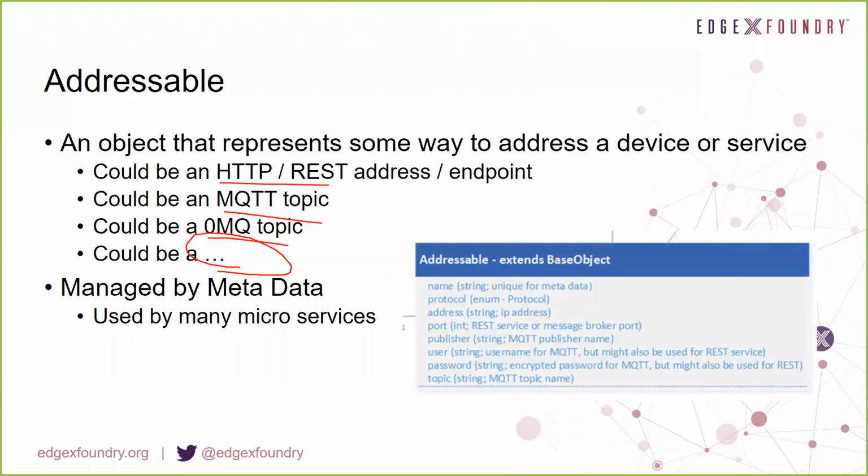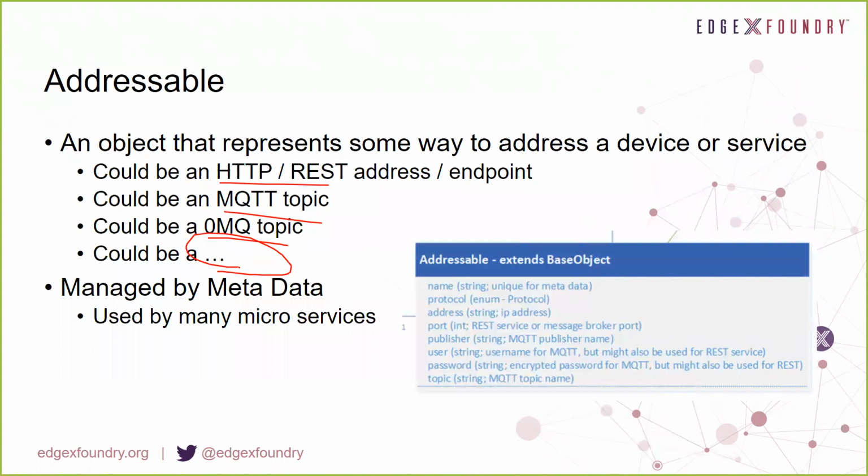But think of it a little bit more broadly, because not every part of EdgeX is curtailed to being a REST HTTP endpoint. So addressable is meant to provide a flexible mechanism for us to address things, be them devices or device services, without always being consumed by the thought of it being some sort of HTTP mechanism.